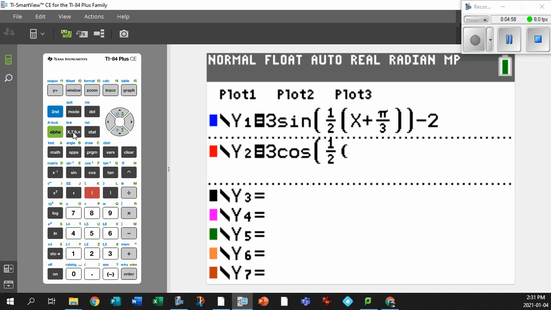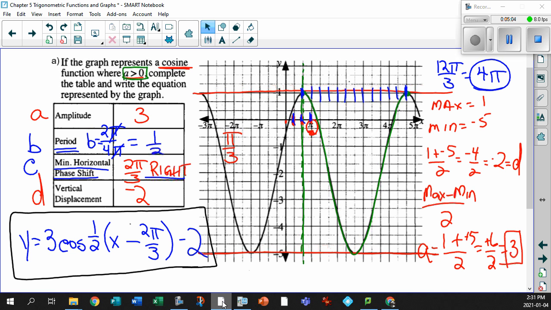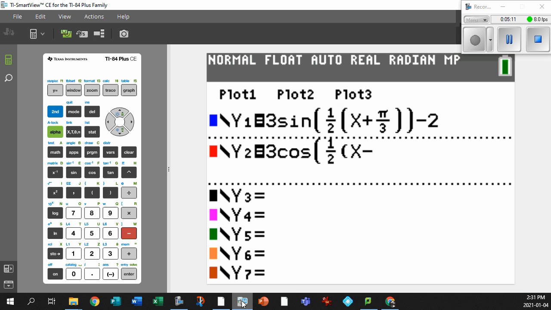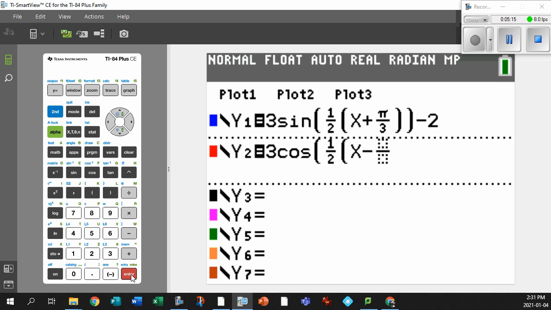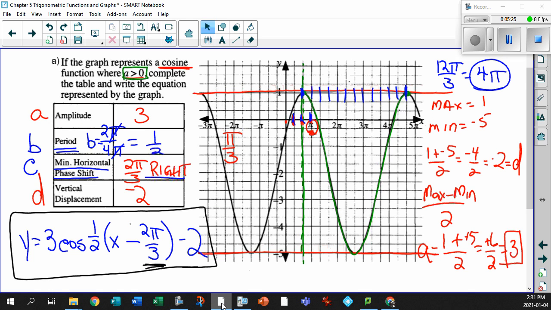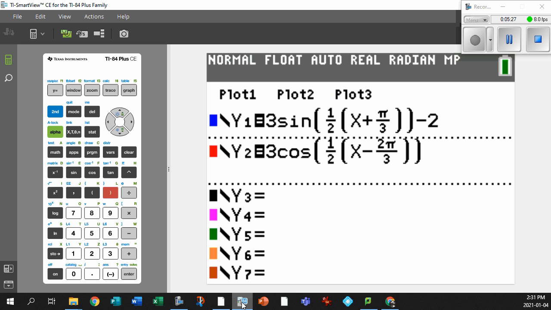This is still x, but now we're subtracting because our horizontal phase shift is 2 pi over 3. So let's put in, oh boy, this will be interesting, the fraction 2 pi over 3. Close the bracket off, and we're still shifting down by 2.